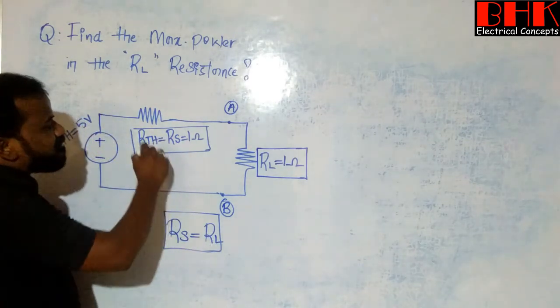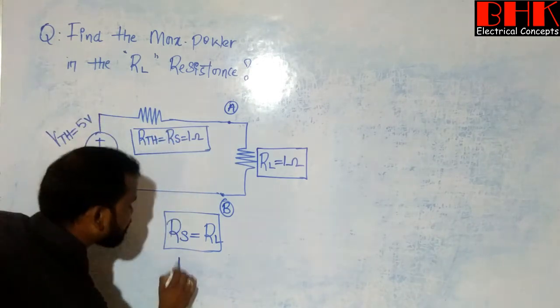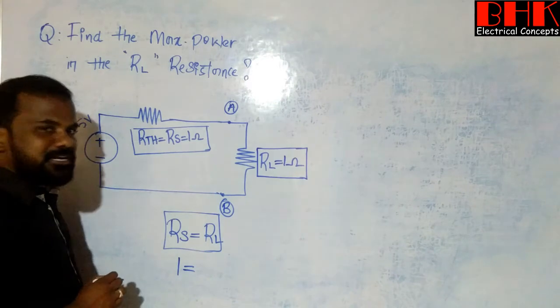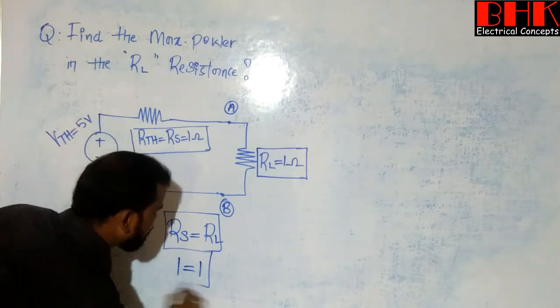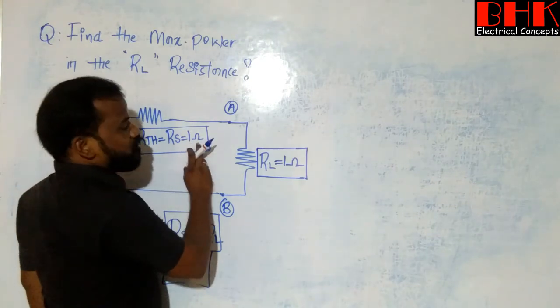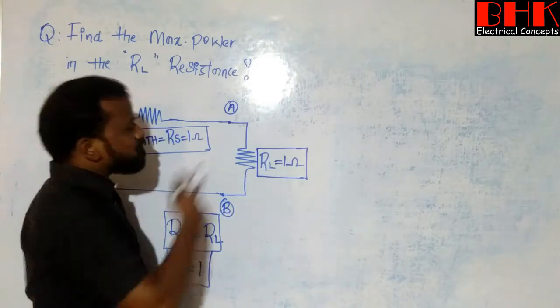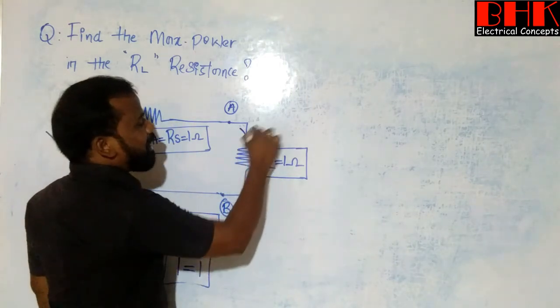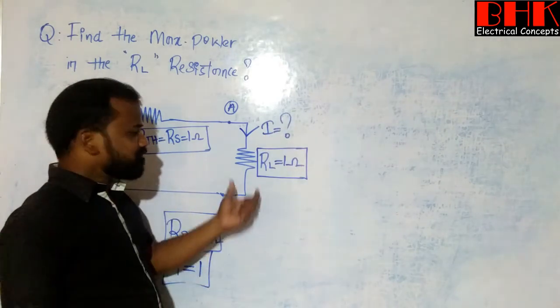Now the calculation of RS by using Thevenin's theorem is clear. So that's why RS is equal to 1 ohm. It means RS is equal to RL, so the RL value is also 1 ohm. That's why based on the value of RS equal to 1 ohm, we are going to consider RL also 1 ohm. Clear? Now go for the calculation of maximum power flowing in the RL.